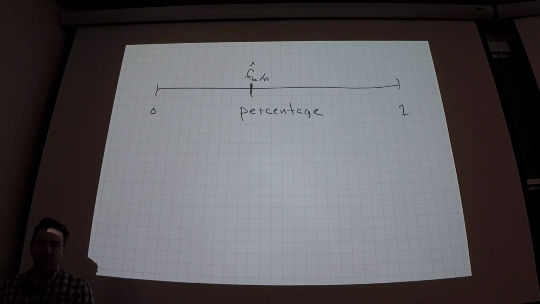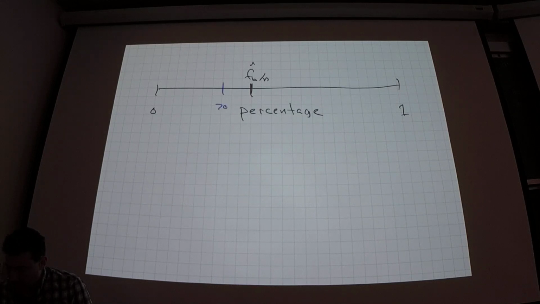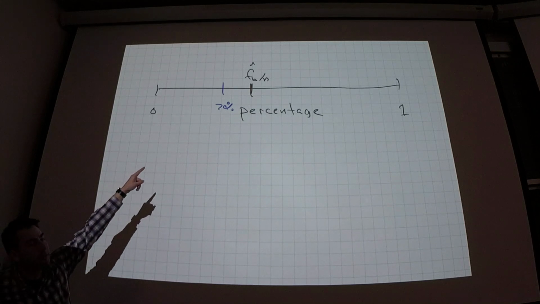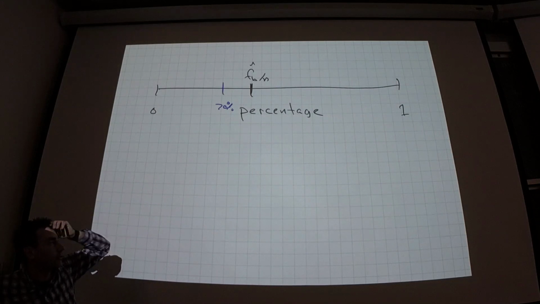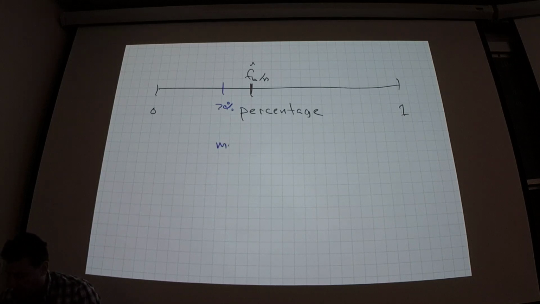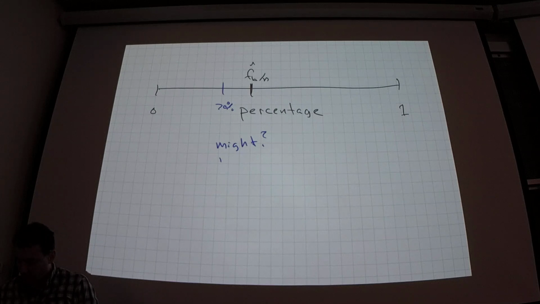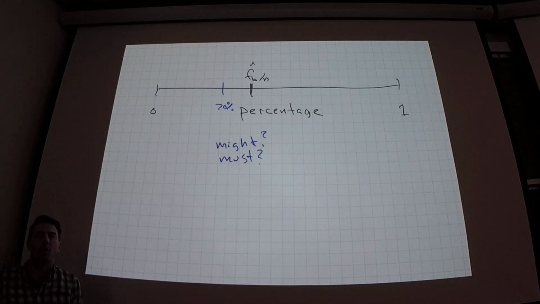And then I've asked you these questions: if you put something like 20% here, does b then have to be more than 20% of the values? So you have to ask whether it might be above 20% or whether it must be above 20%.